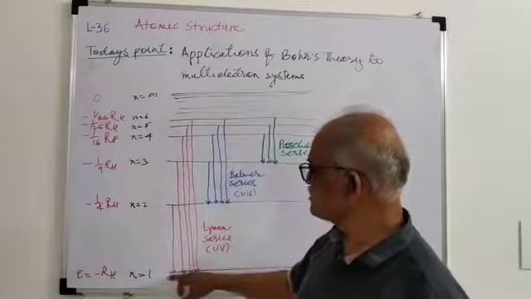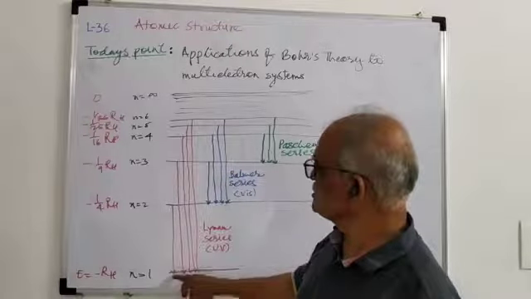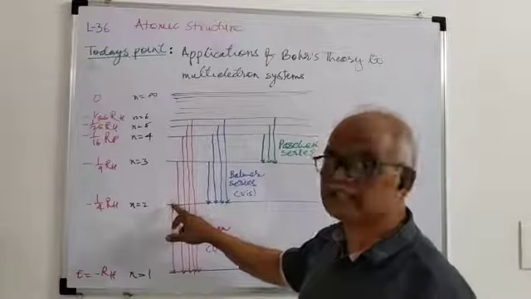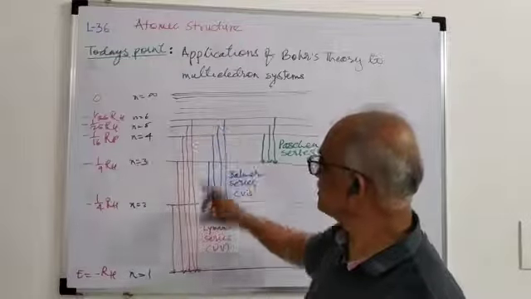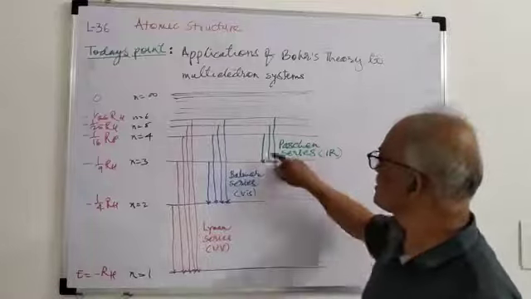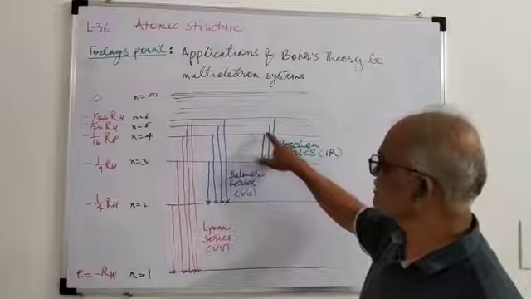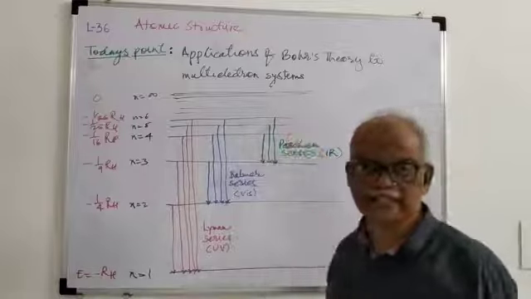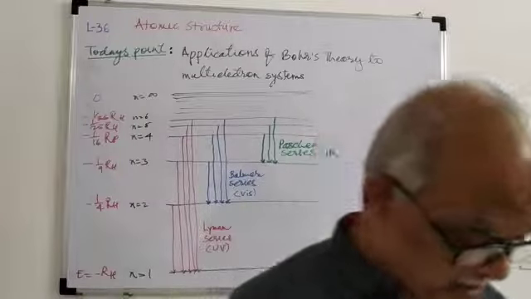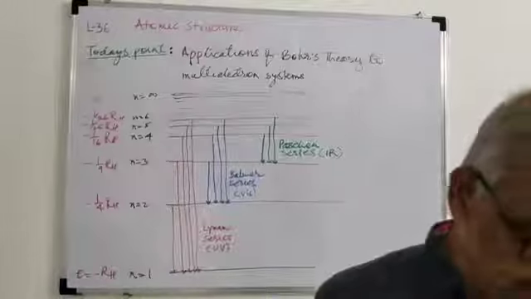But in case of Lyman, the transitions take place from 2 to 1, 3 to 1, 4 to 1, 5 to 1 and 6 to 1. In case of the Paschen series, the transitions take place from n is equal to 4 to 3, 5 to 3, 6 to 3. So in this way, the different spectral lines are obtained.